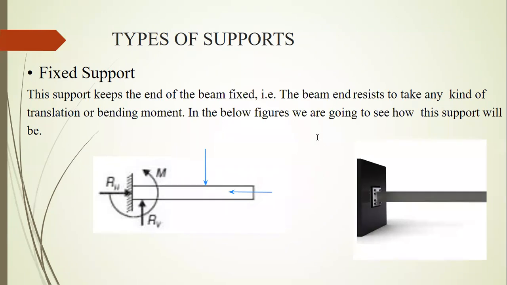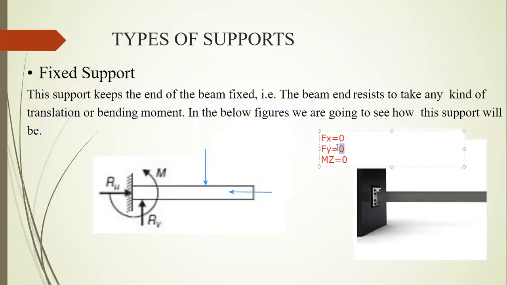Summation of Fx is equal to 0, summation of Fy is equal to 0, and the moment about the z axis must be equal to 0. These three are the conditions of equilibrium in a non-concurrent force system.